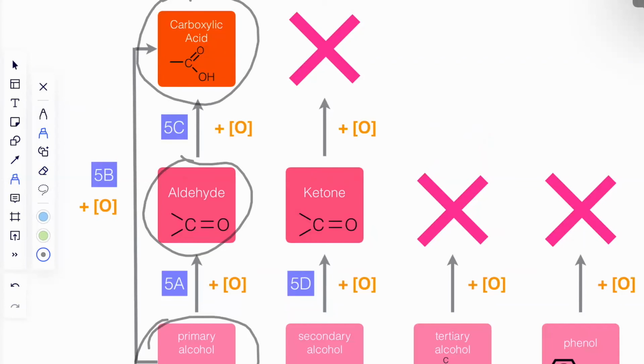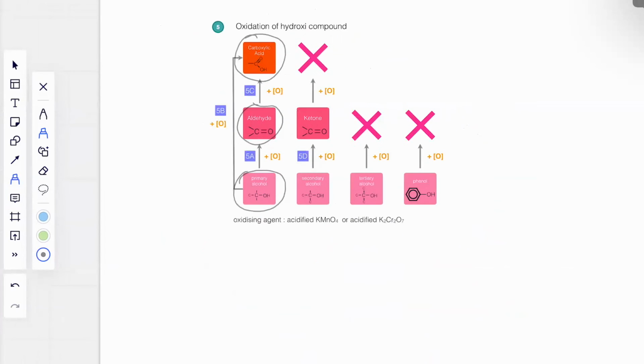Or can you instruct the alcohol, I want you to turn to aldehyde? You can't, right? So what happens? What really happens is you get a mixture if you don't control it.